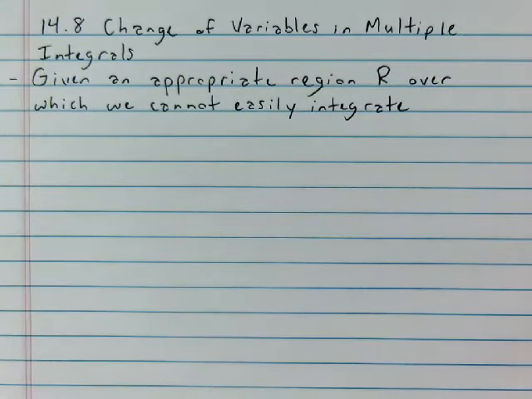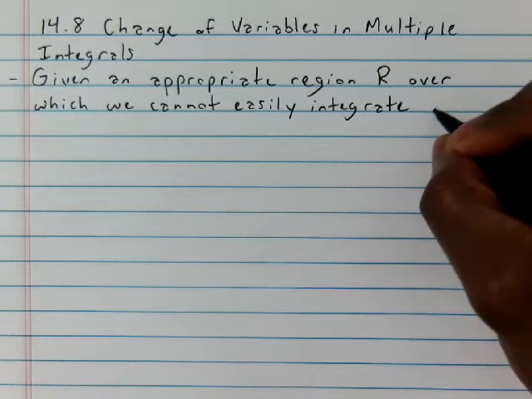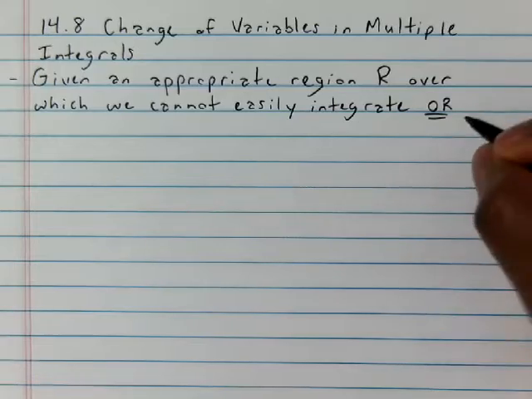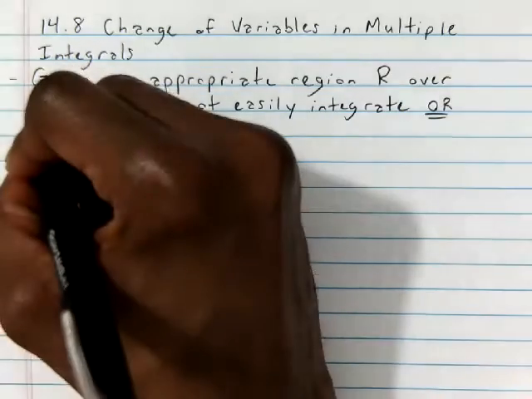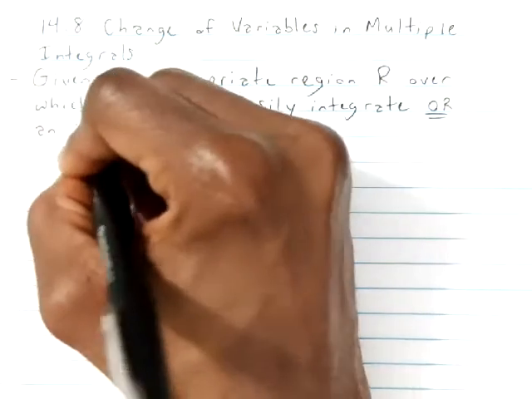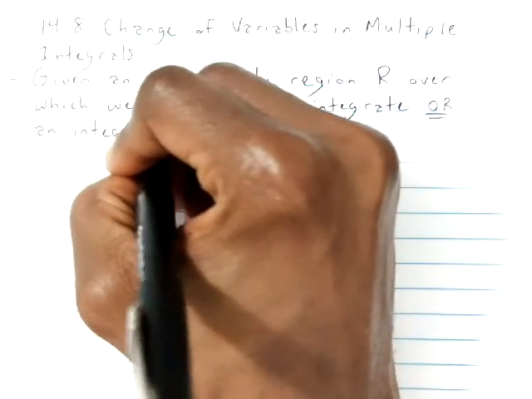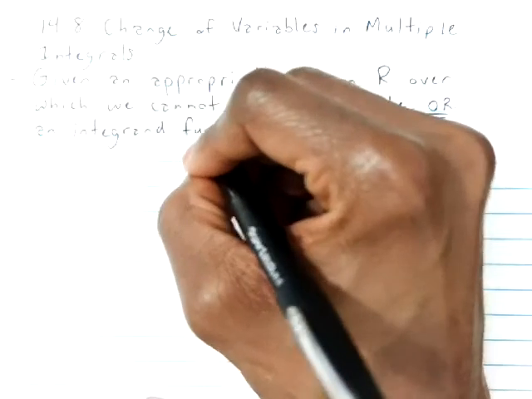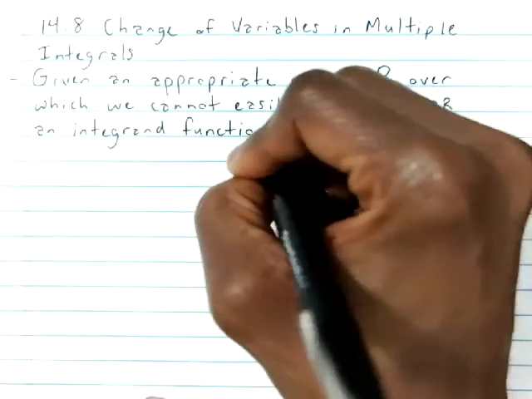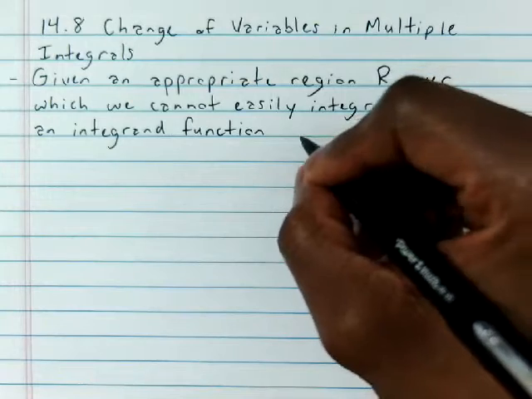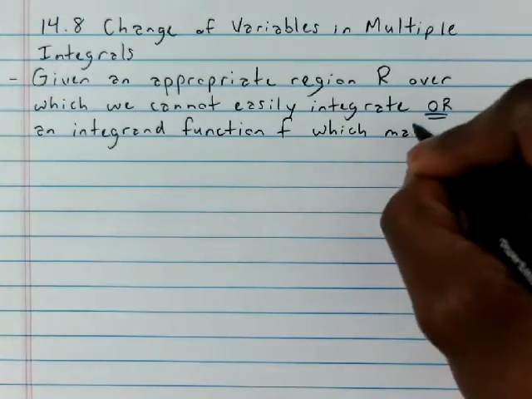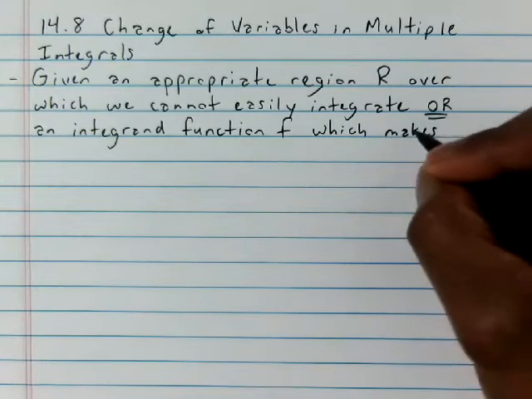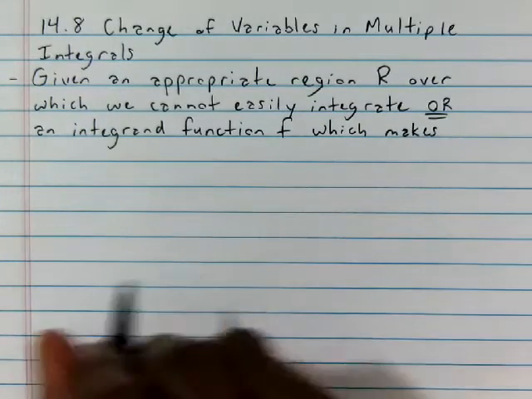So for instance, it's neither a type 1 nor a type 2 region, or an integrand function f, which makes integration difficult.